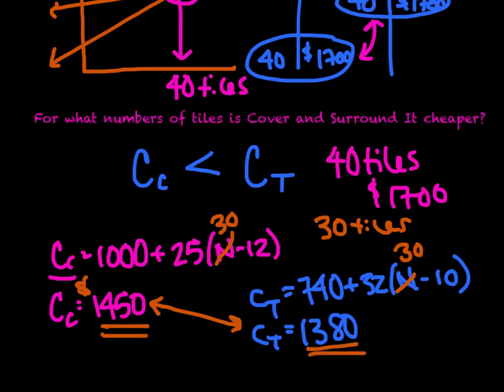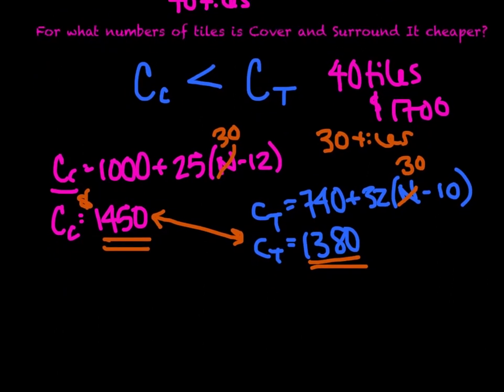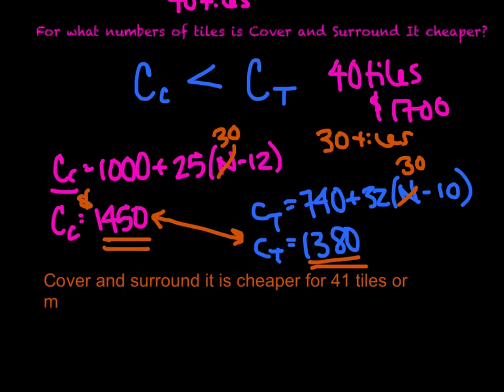And so because of that, we can say for what numbers of tiles is Cover and Surround It cheaper, and we can say simply Cover and Surround It is cheaper for 41 tiles or more.